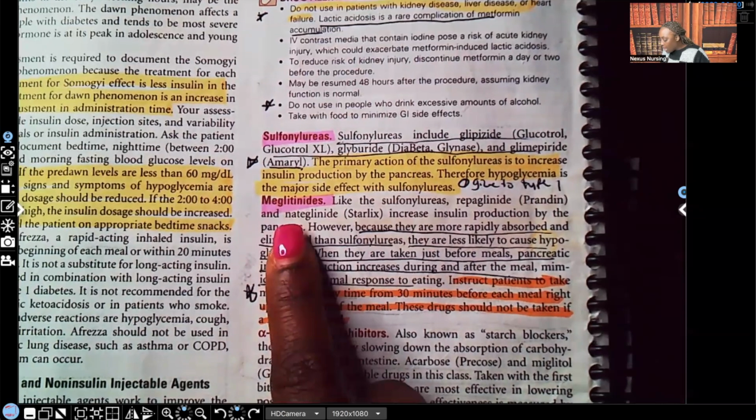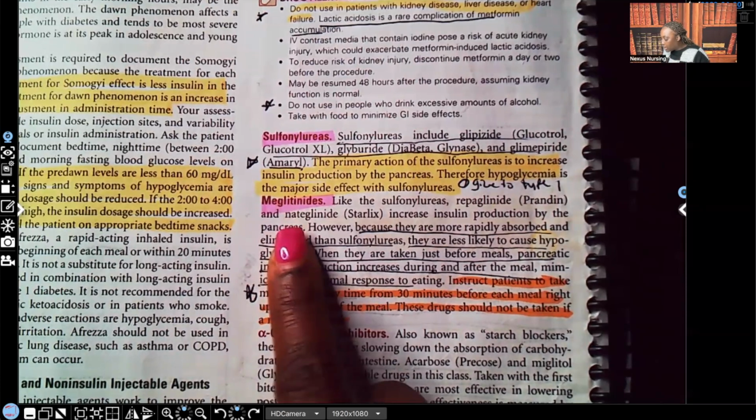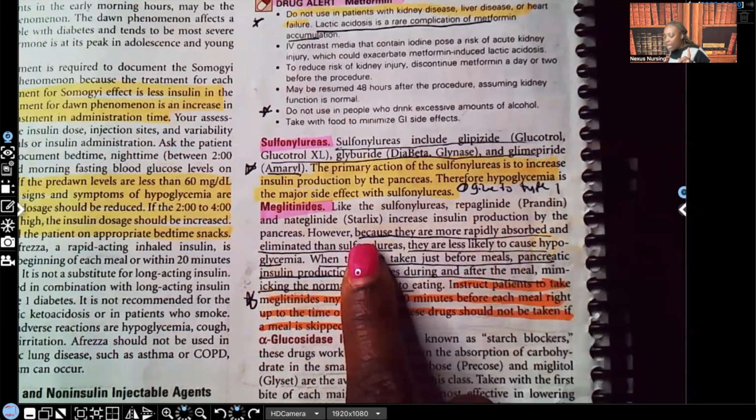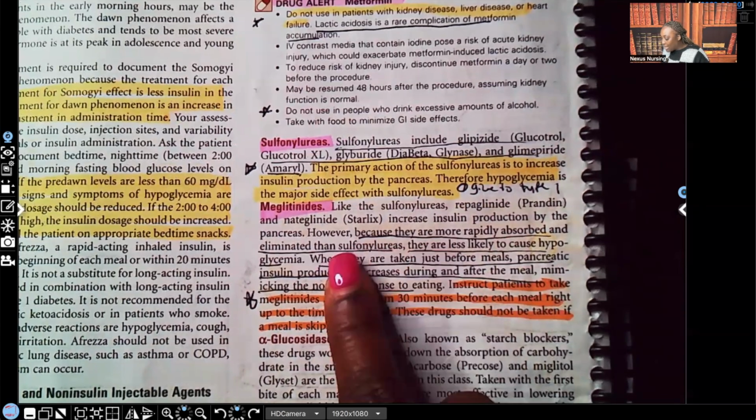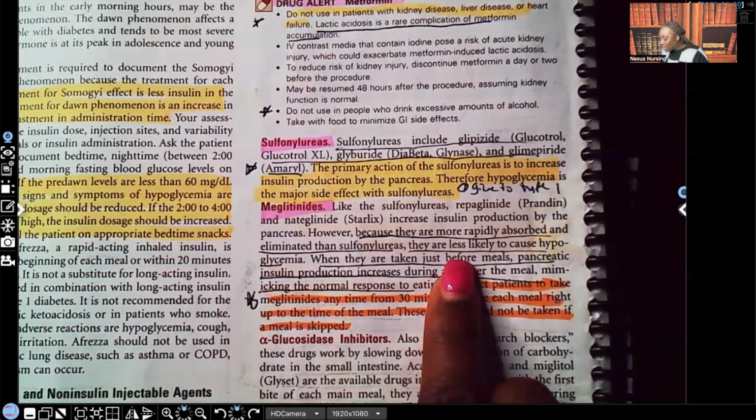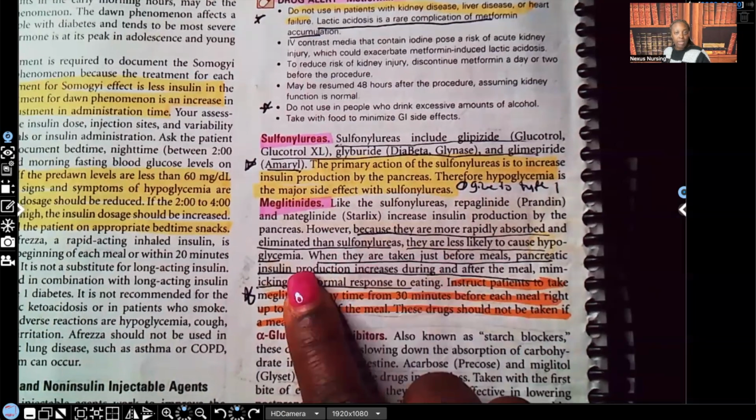All right, meglitinides. Those are like sulfonylureas, and they give you the medications. Here's what's important to know. Because they're more rapidly absorbed and eliminated than sulfonylureas, they're less likely to cause hypoglycemia. The risk for causing hypoglycemia is not as high as the sulfonylureas.